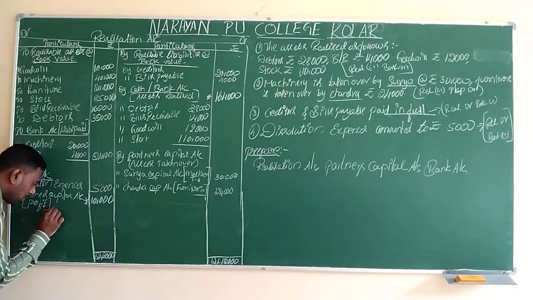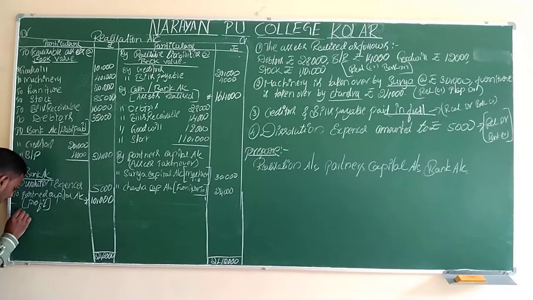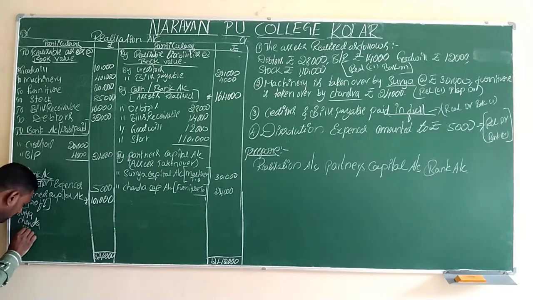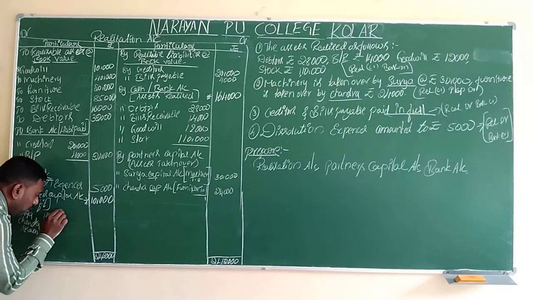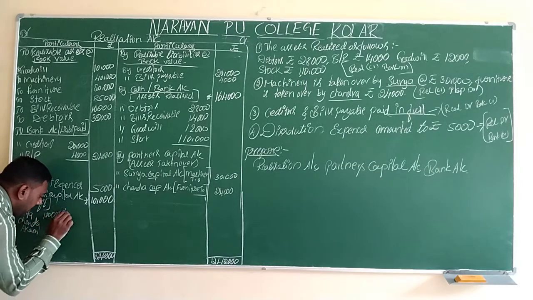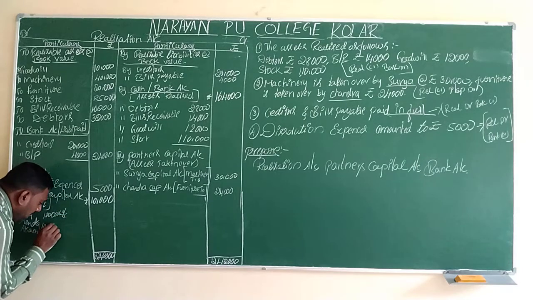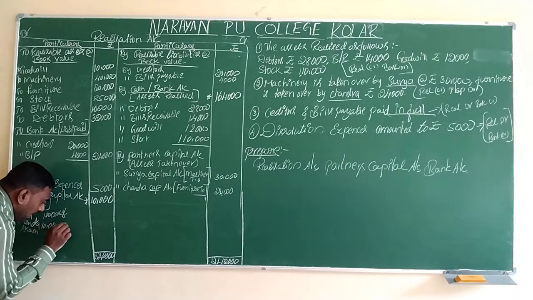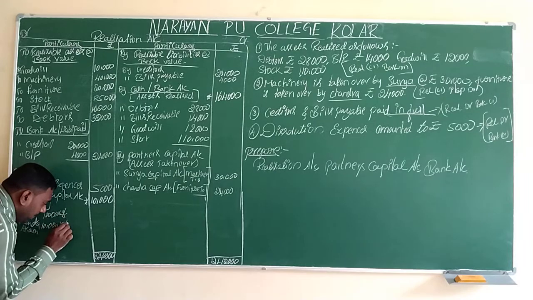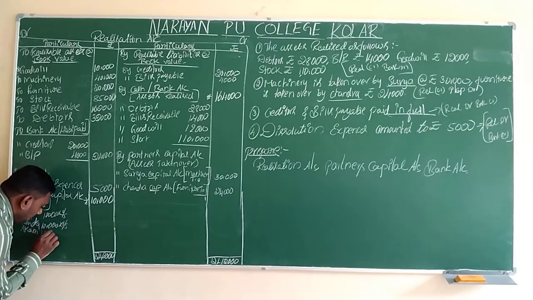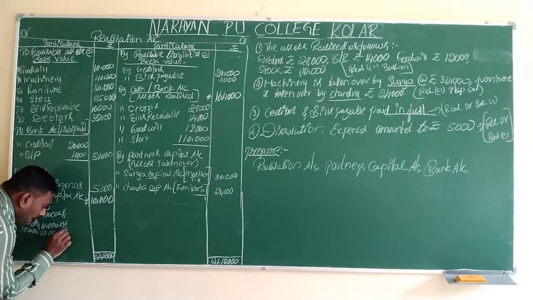So here the first partner is Surya, then Chandra and Akash. So 10,000 into 3 by 5, 10,000 into 2 by 5, sorry 1 by 5, again 10,000 into 1 by 5.